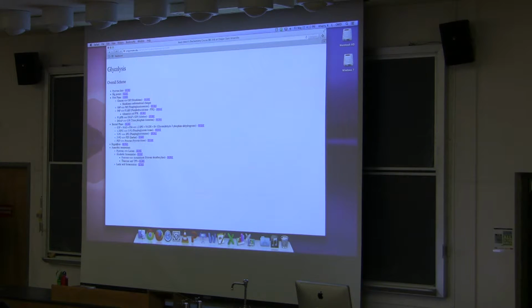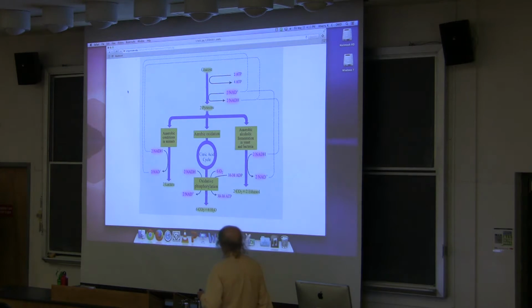Most of the energy of the sugar is actually released later in the citric acid cycle. So some of the energy is realized in the breakdown of glucose in glycolysis, but not most of it. Most of it comes from the process of the citric acid cycle. Well, one of the products, actually, let me come back to that.